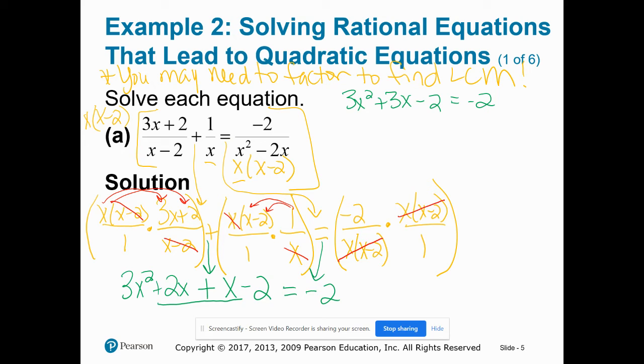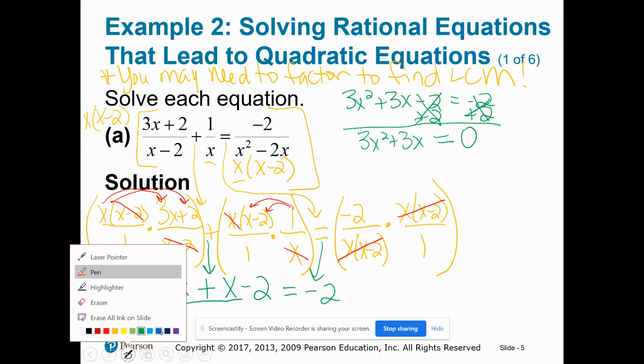I see 3x squared and the x in the number, and I'm thinking I'm probably going to be factoring. Oh, I've missed factoring. Okay, so I'm going to add the 2 to the other side to get it equal to 0 because we are solving a quadratic. We have 3x squared plus 3x. These add to 0 and these add to 0.